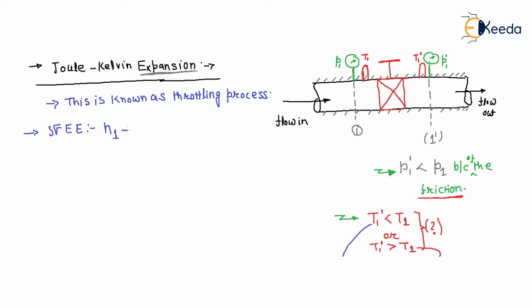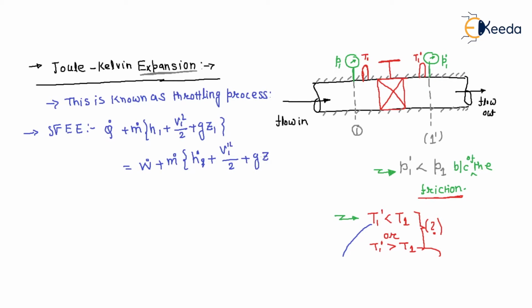Q dot plus m dot (H1 plus V1 square by 2 plus g Z1) is equal to W dot plus m dot (H1 dash plus V1 dash square by 2 plus g Z1 dash).